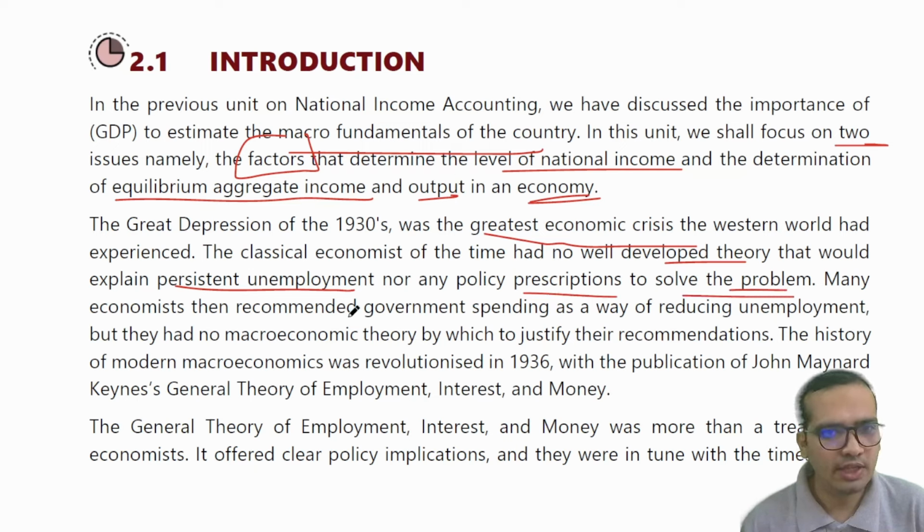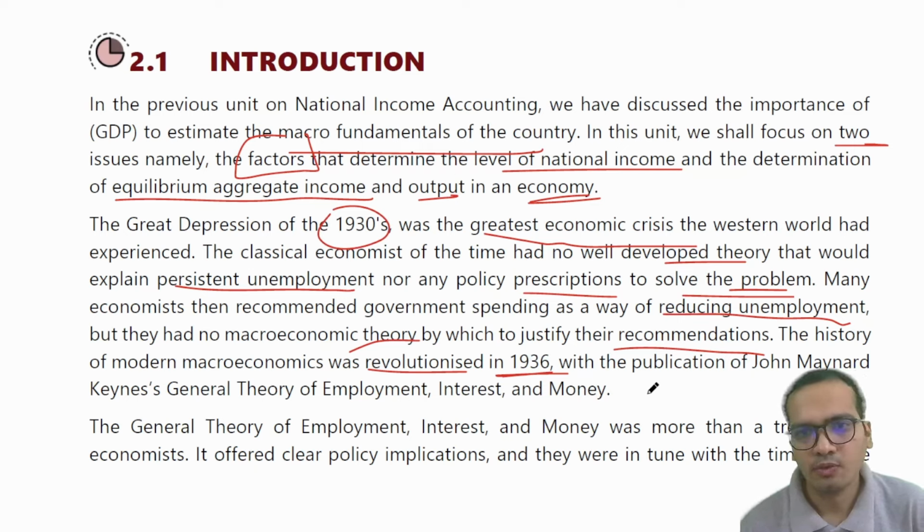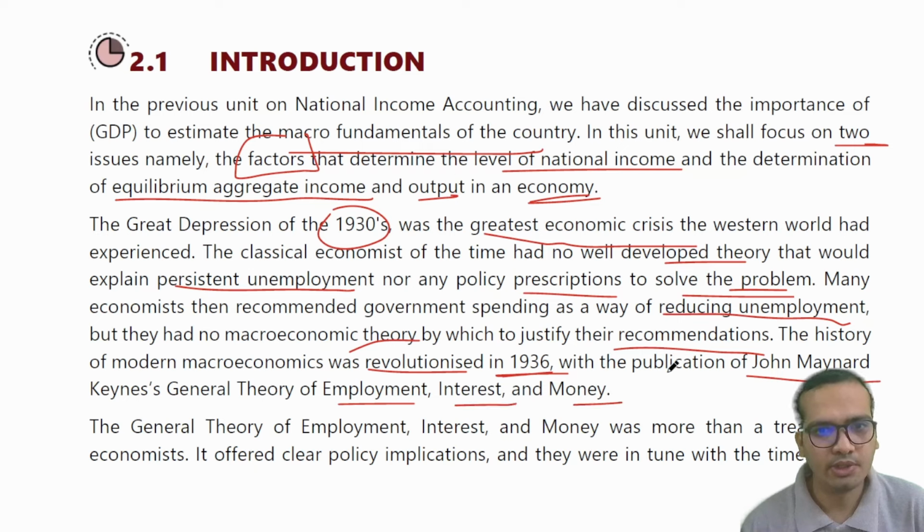Many economists then recommended government spending as a way of reducing unemployment, but they had no macroeconomic theory by which to justify their recommendation. So the history of modern macroeconomics was revolutionized in 1936, mark it, 1930, after 6 years, with the publication of John Maynard Keynes' General Theory of Employment, Interest and Money.